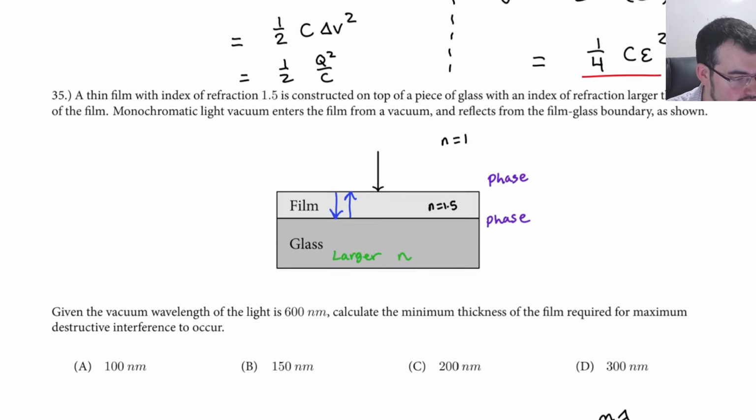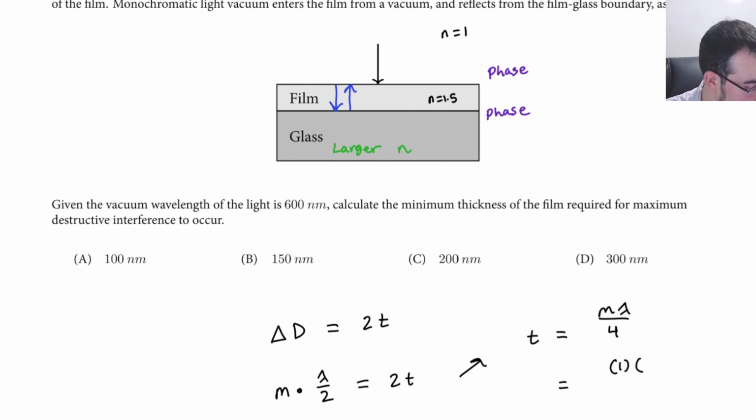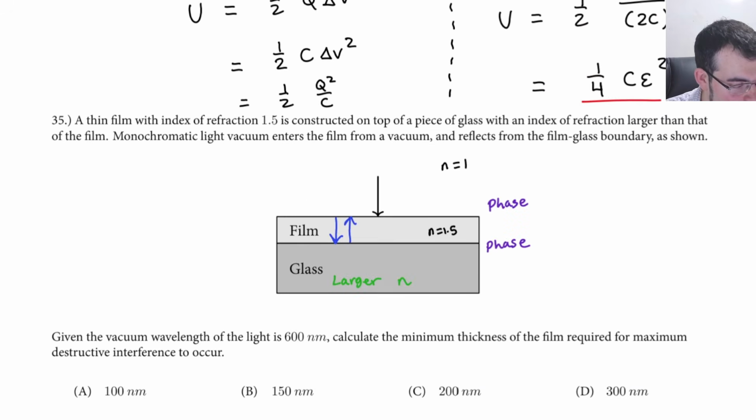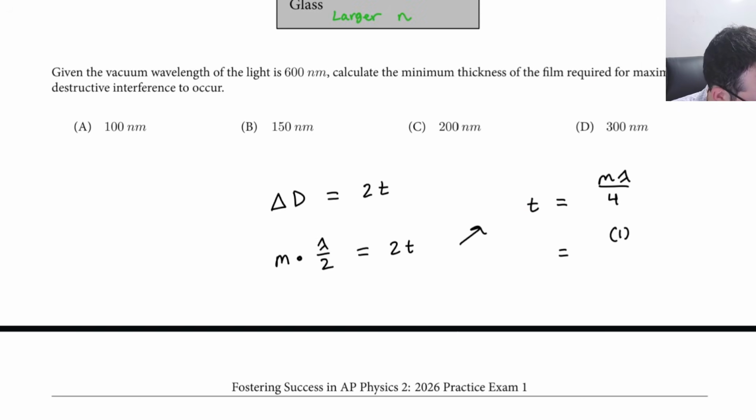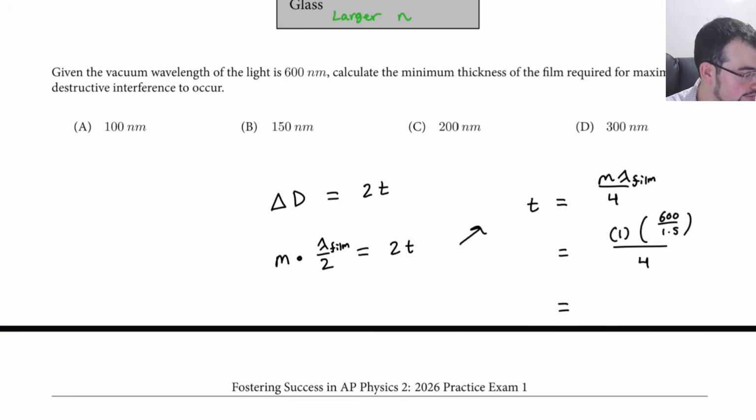And it is important that we do lambda in the film here. So this is lambda in the film. It is really important that we pick the lambda in the film. So let's see, 600 nanometers divided by 1.5, that's going to be 400, divided by 4 gets us 100 nanometers. How nice, that's an answer choice.